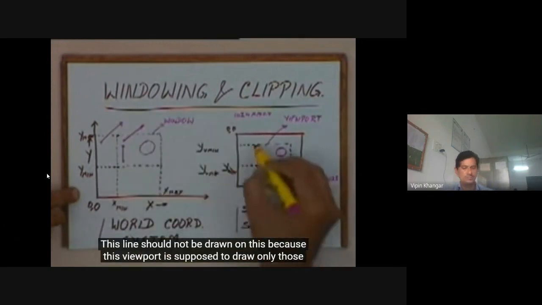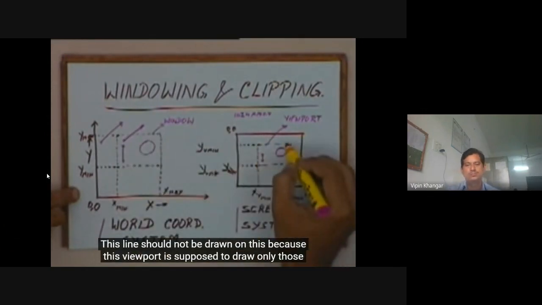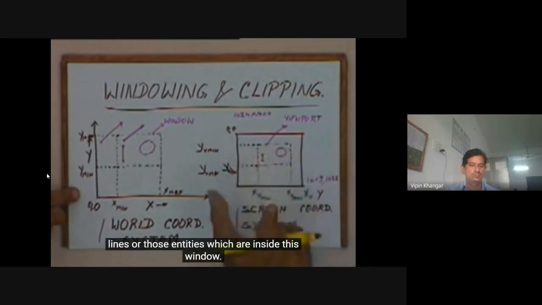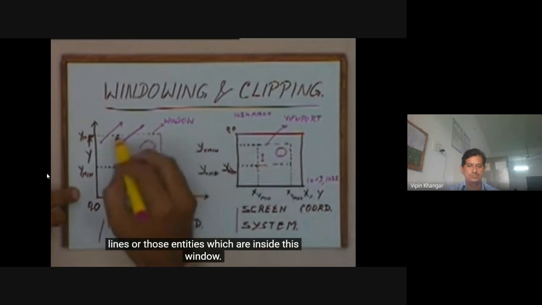This line should not be drawn, because this viewport is supposed to draw only those lines or entities which are inside this window.